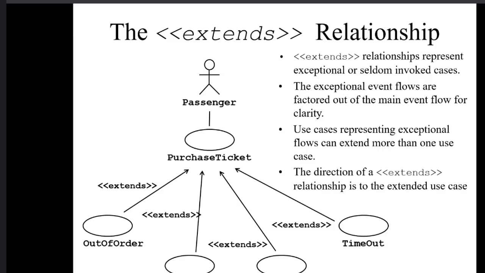For example, something is out of order, it needs to be cancelled, there is no change, money is not there, or some timeout occurs. In such cases, such functionalities will be used here. But these functionalities will not be used always.